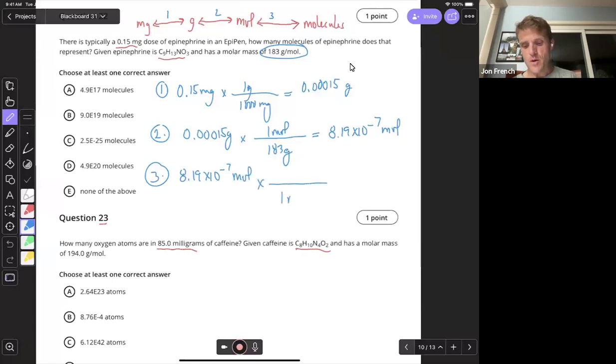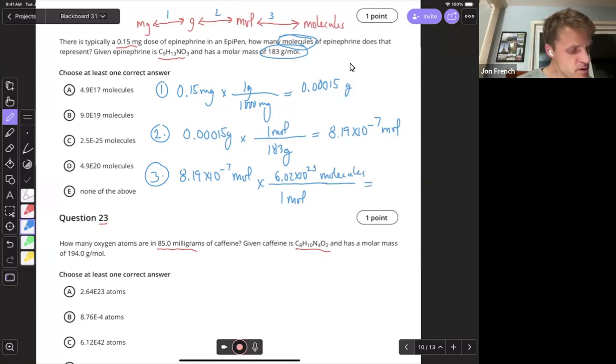The last step, moles to molecules using Avogadro's number. We have 8.19 times 10 to the minus 7 moles. Avogadro's number tells us that in 1 mole of anything, I need to have 6.02 times 10 to the 23, in this case molecules, because we're looking for molecules. So multiply by Avogadro's number, and hopefully we get a number that's there. Okay, good. I get 4.9 times 10 to the 17 molecules.